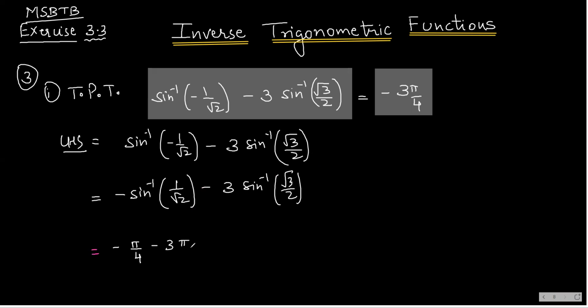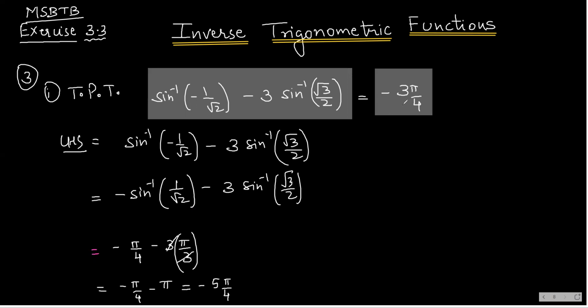So what will happen? This 3 and 3 cancel, so you have negative pi by 4 minus pi. The answer is coming as minus 5 pi by 4.